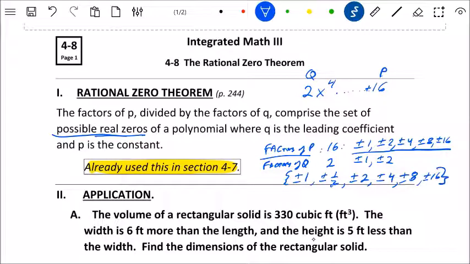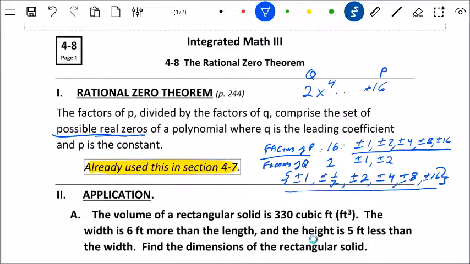So there are 1, 2, 3, 4, 5, 6. There are 12 possibilities there. And if there are any real zeros in this polynomial, those real zeros would come in that group of 12 that are shown here as the solution set.